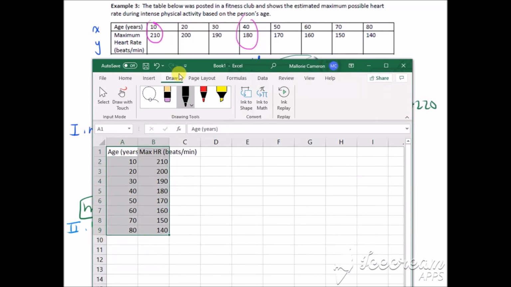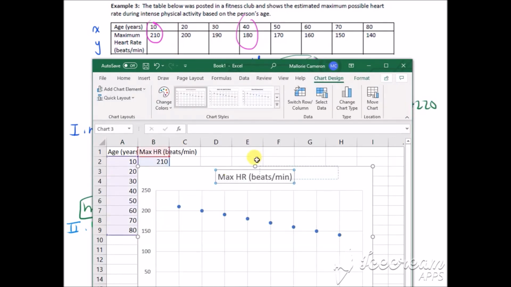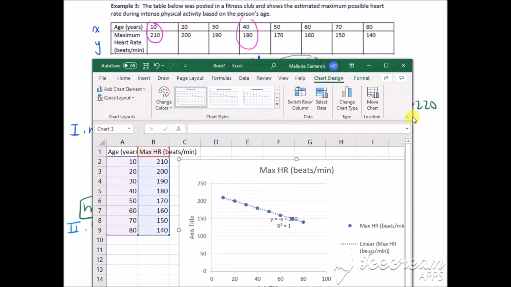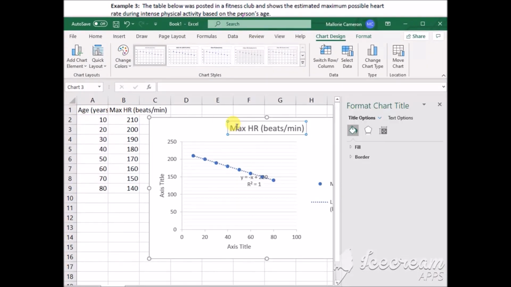Okay, we're going to highlight that again, insert the chart, which is a scatter plot. Move this over. The graph is highlighted. Now we're going to change the layout. We want to change the axis titles and the main title, heart rate based on physical activity.